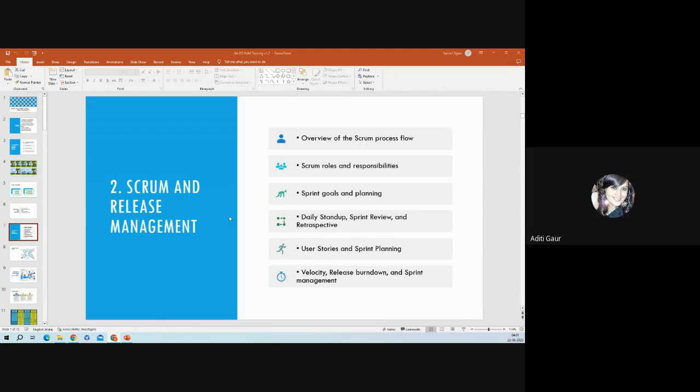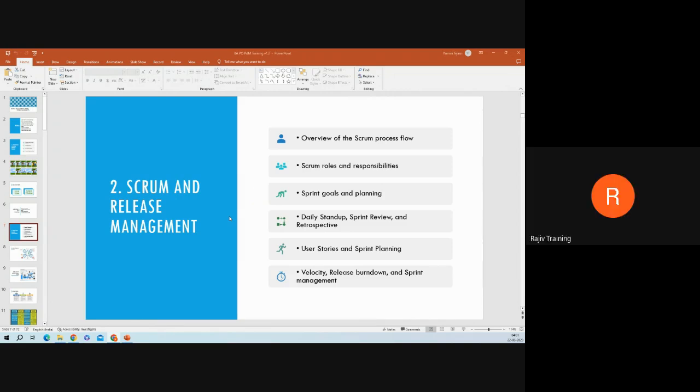As part of this module, we'll try to understand some basics. What is a Scrum? What happens in Scrum? What are the various roles that are there in Scrum? What is the responsibility of each role? What is your responsibility here?